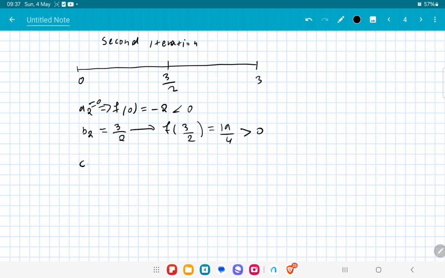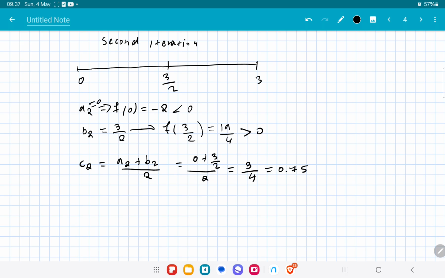Now my new c2 is going to be (a2 + b2)/2. (0 + 3/2)/2, that's 3/4, 0.75.